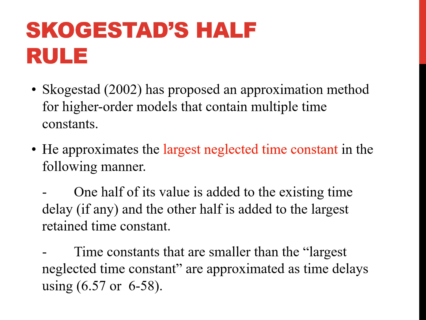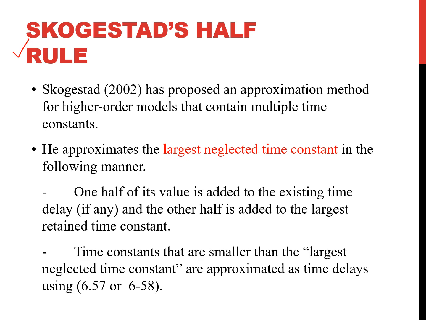What we can do is apply the Skogestad half rule. Through this half rule, we approximate the higher order model that contains multiple time constants, or multiple tau S plus 1, and try to reduce it from the higher order into a first order transfer function.